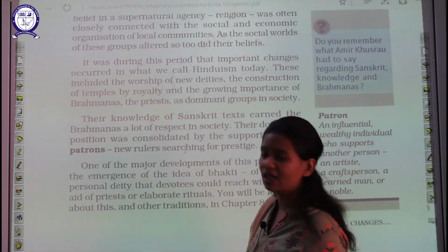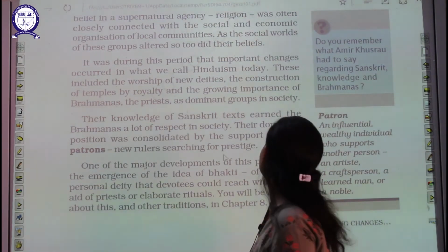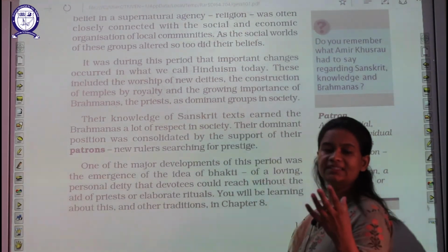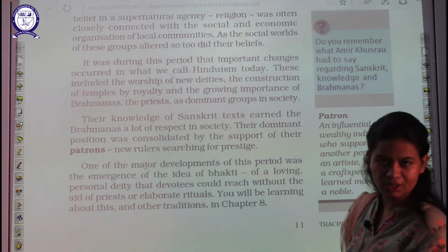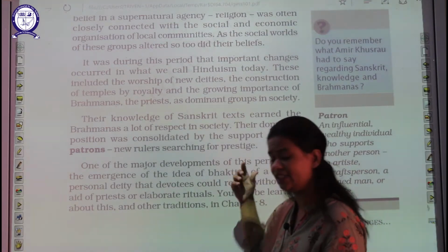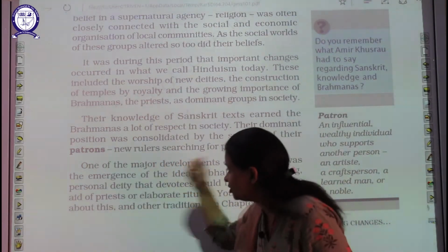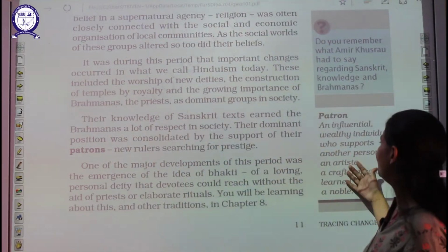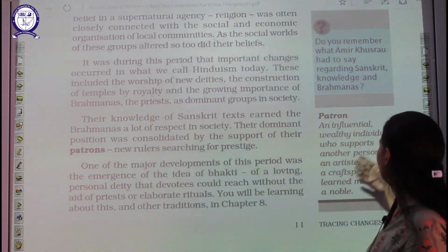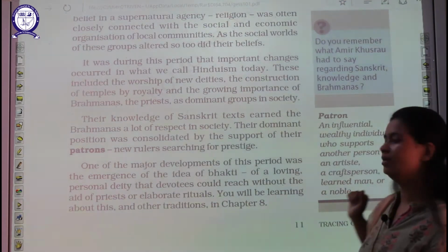So these new rulers started searching for prestige, and the architectural style of temples or these precious buildings always contained the support of various patrons. Now the question is, what are patrons? An influential wealthy individual who supports other persons.